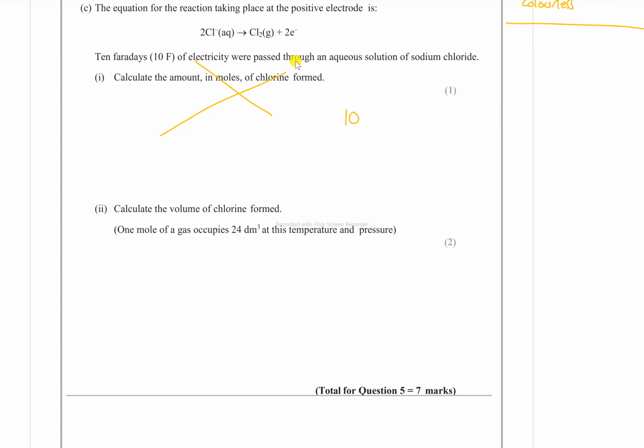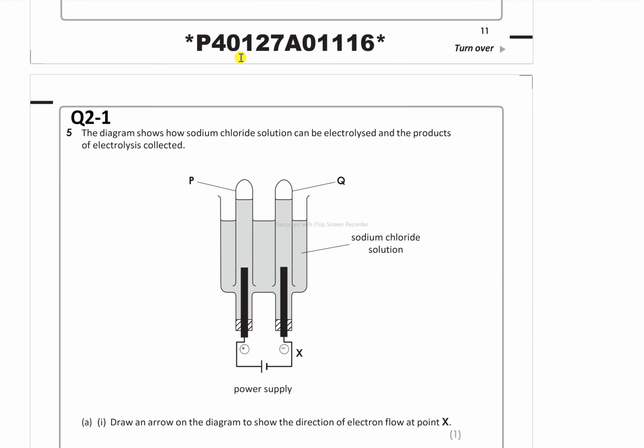So it's 10 Faradays divided by, you need 2 moles of electrons to get 1 mole of chlorine. So we've got 5 moles of chlorine multiplied by the volume for 1 mole, and you end up with 120 decimeters cubed. We're not interested in that.